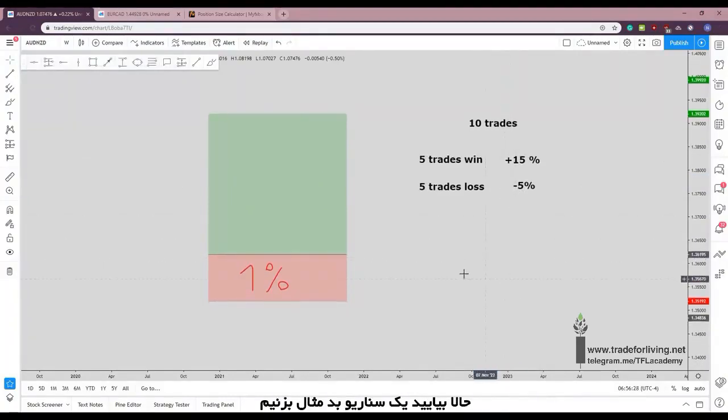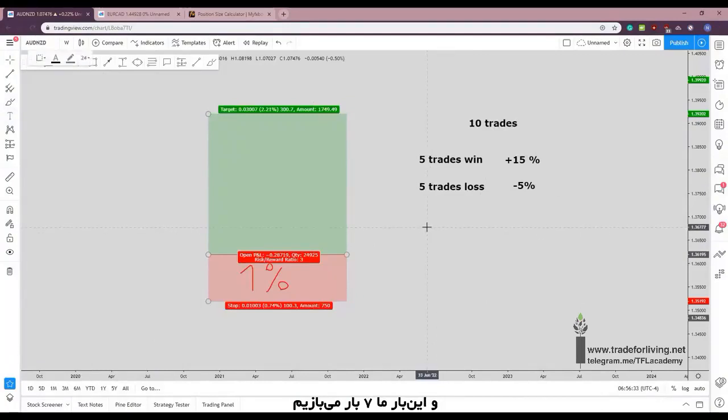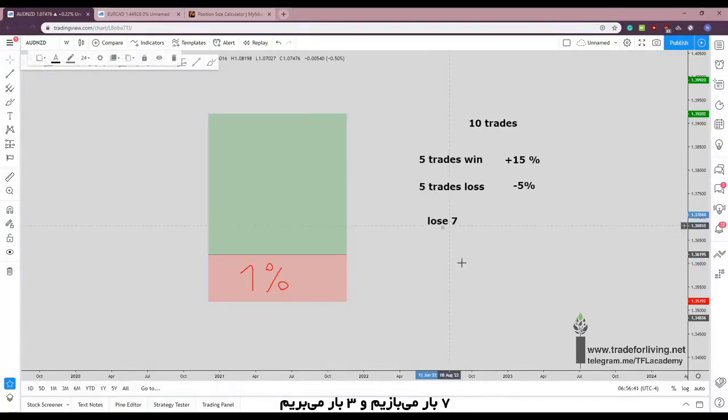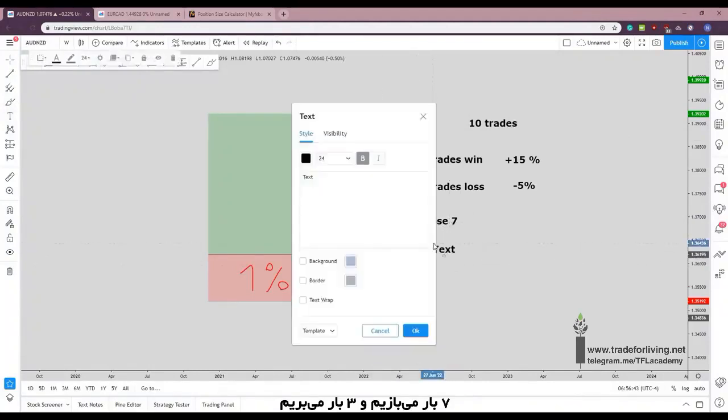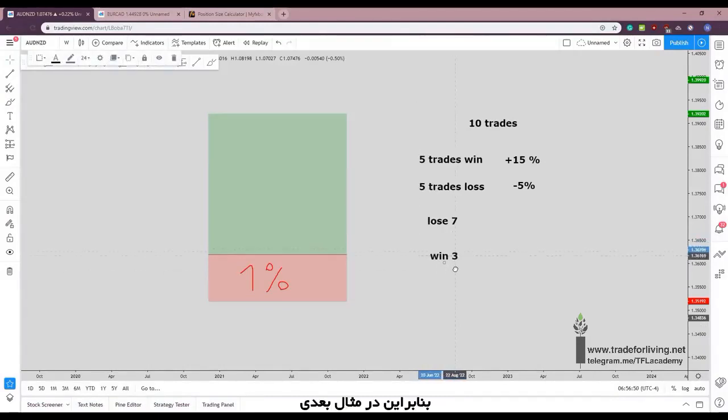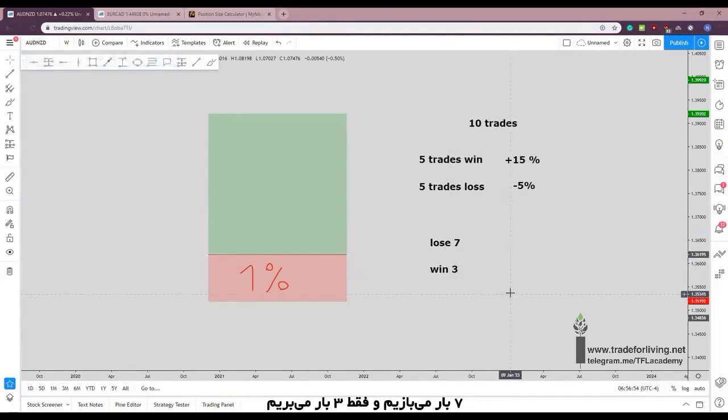Now let's make an even worse scenario. We take 10 trades, and in this case we lose 7 trades and we win only 3.